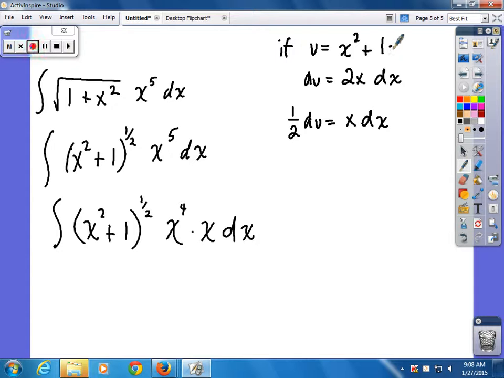Could take this one right here and rewrite it as x squared is equal to what? X squared is equal to u minus, bring that minus 1 over.